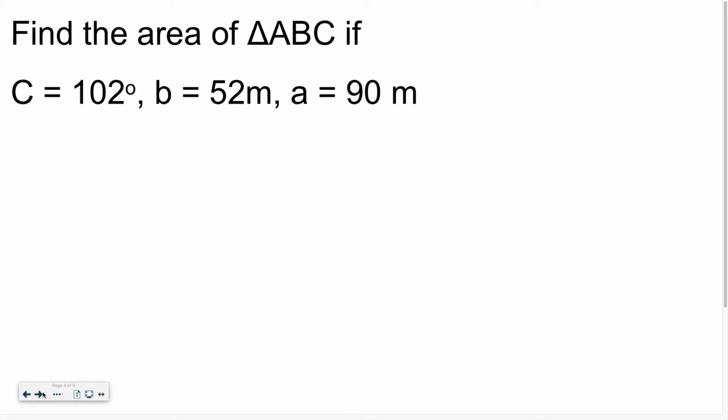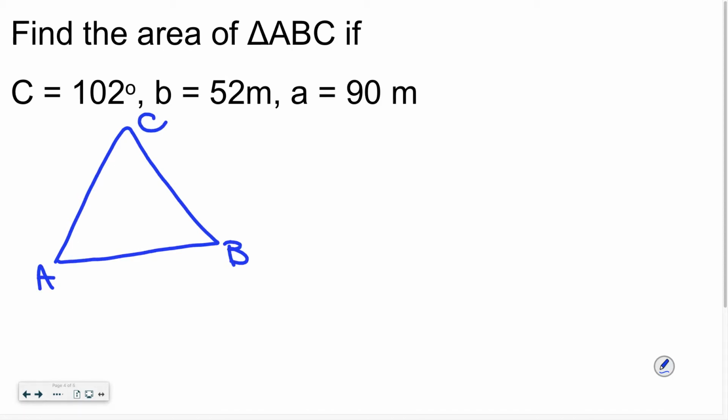All right, so write down this given information, please. Okay, so angle C is 102 degrees.